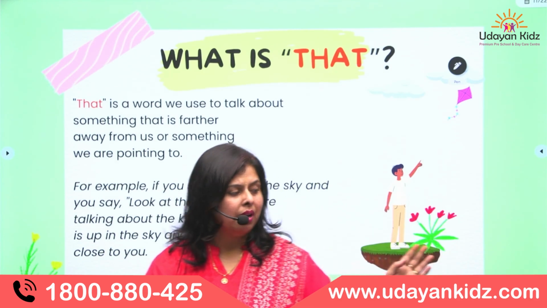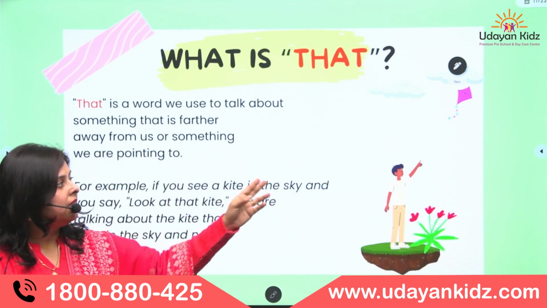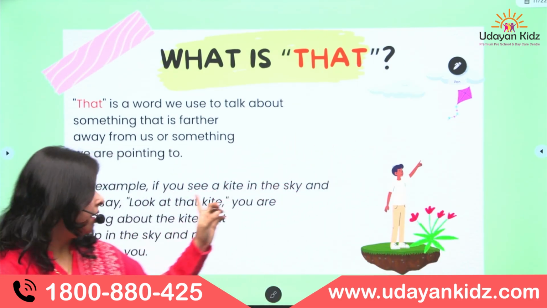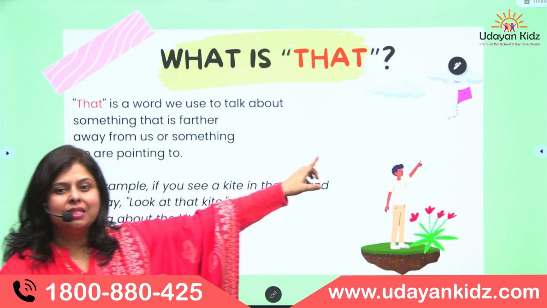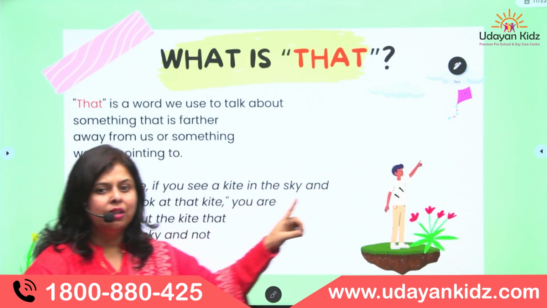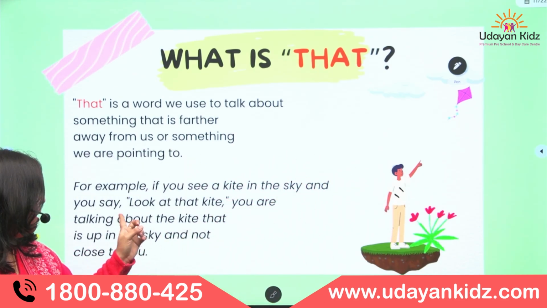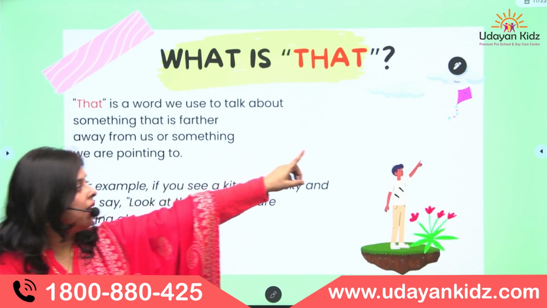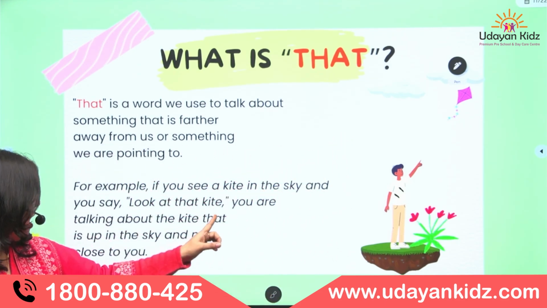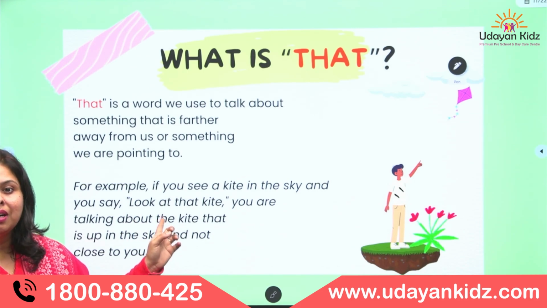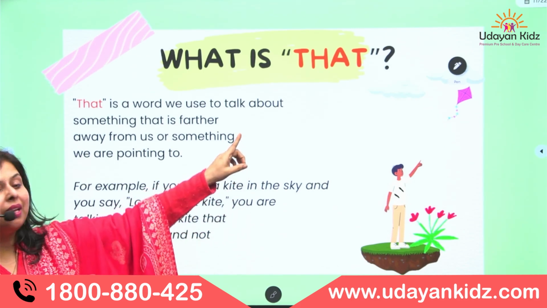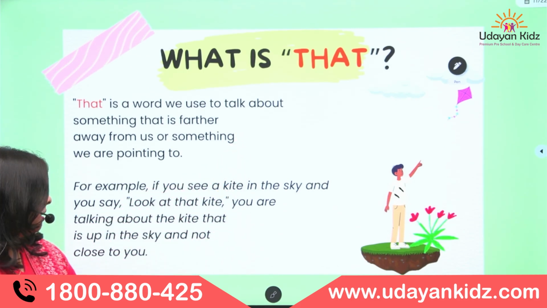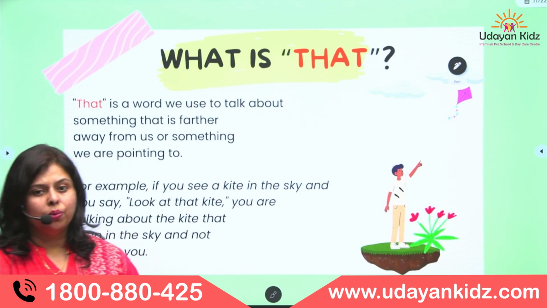For example, if you see a kite in the sky and you say, look at that kite, you are talking about the kite that is up in the sky and not close to you.